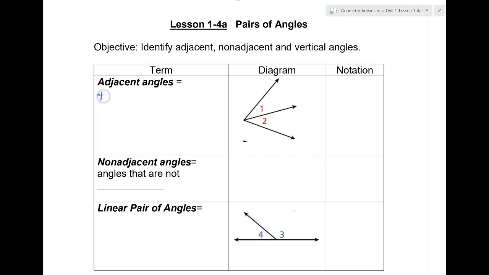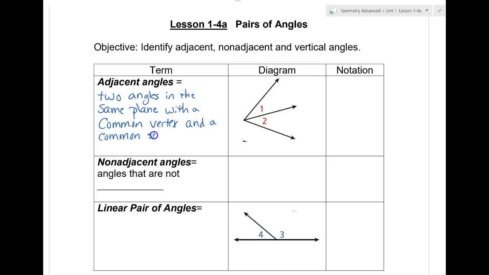First of all, that means you have two angles in the same plane with a common vertex and a common side, but no common interior points.